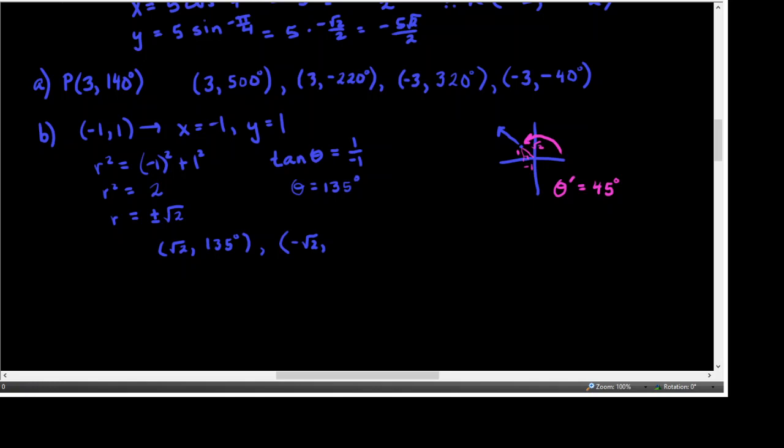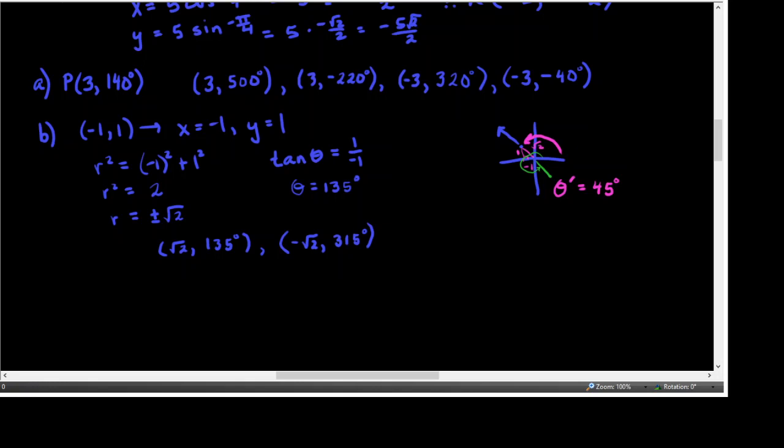And so it's up to you what you want to do. I'm going to add 180, and I get 315 degrees. And make sure that you think that through, that if I were to go to 315 degrees, which is this ray right here, and with a negative r, that's going to make me go backwards.